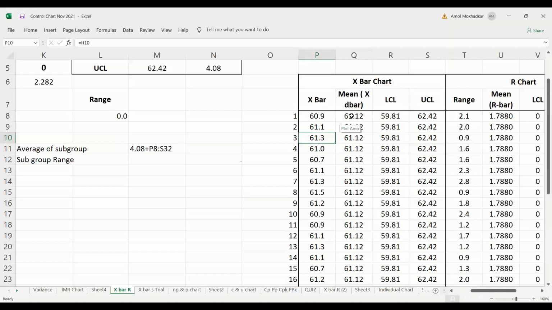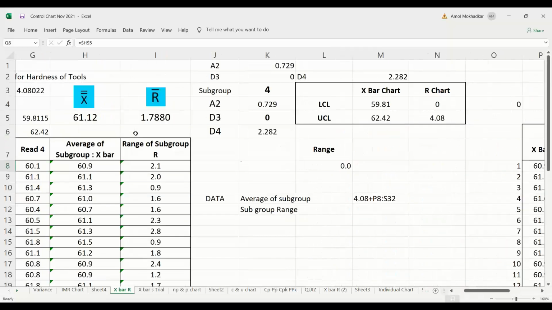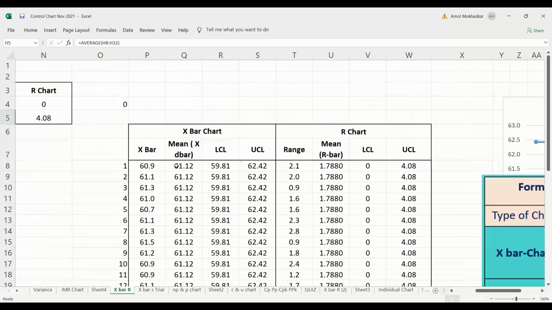Then the average of the averages, X double bar, that is 61.12. I have directly taken it here and put it across all the 25 values. Then the LCL we have calculated is 59.81 and the UCL we have calculated is 62.42. I have kept it here.